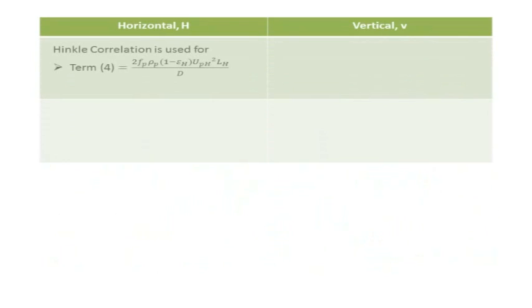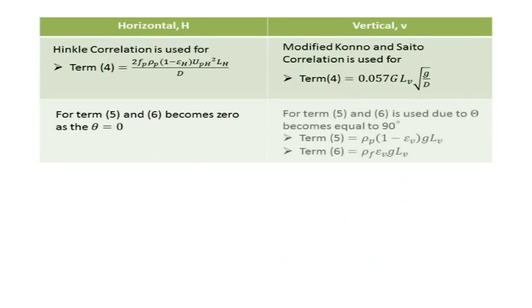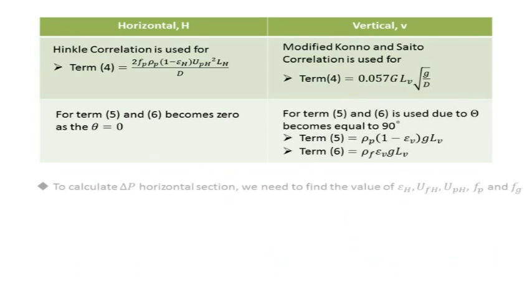Hinkel correlation is used for term 4 in the horizontal section, while in vertical, the modified Konno and Saito correlation is used. For terms 5 and 6, they become 0 as theta equals 0 in horizontal, while in vertical theta equals 90 degrees, thus terms 5 and 6 are used.